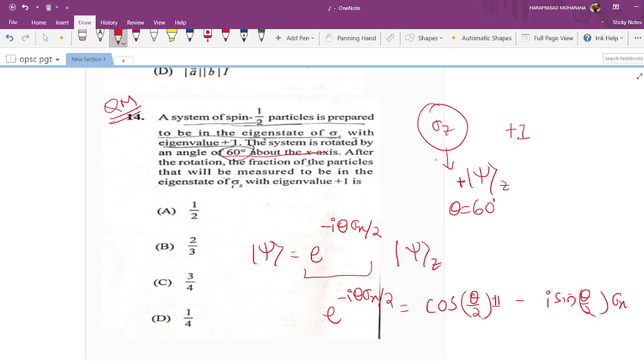I think this is clear to you. Then you have to just solve it. You have to just put the value of theta here. Theta is 60 degrees, so you'll get 30 degrees from here. So cos 30, you put the values, and by putting the values you will get the answer as option C.